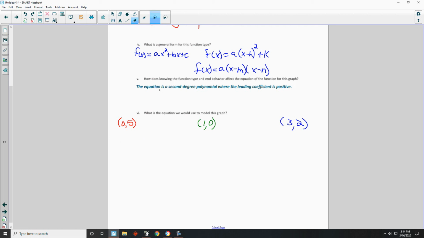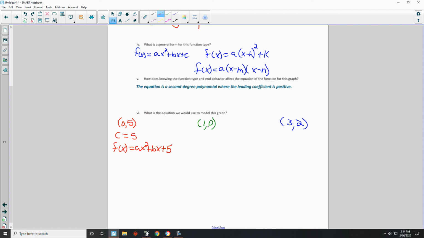If that's the point (0, 5), we know the y-intercept. That's the y-intercept, and that is our c. So we know that c equals 5, and therefore that gives us f of x equals ax squared plus bx plus 5.